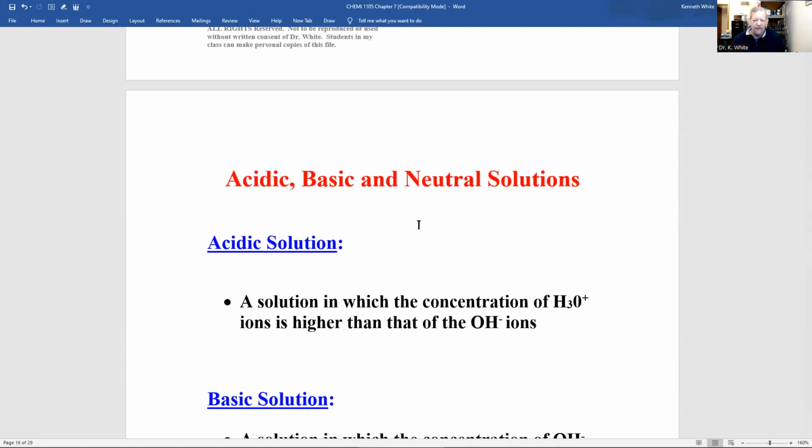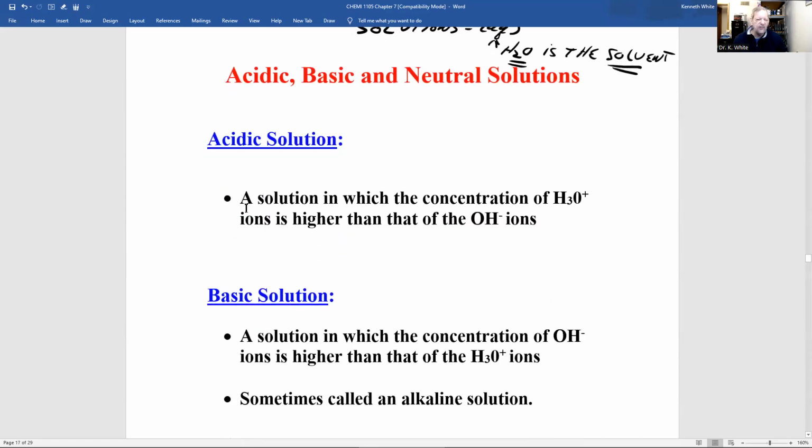Now, when we say solutions, they're aqueous solutions, and you know this means water is the solvent. So when we talk about an acidic solution, by the way, the calculations I did before, you should know how to do. And I haven't been subtle all day, so I better do this.